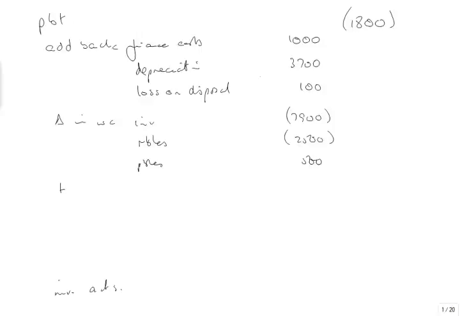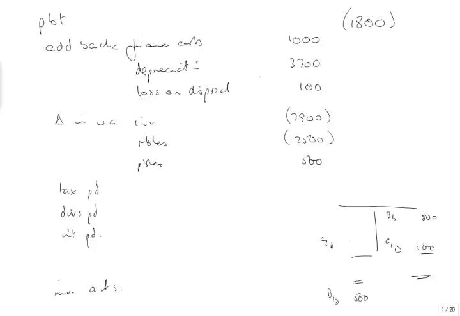Then we've got tax paid, divs paid, and interest paid. Tax paid, I'm going to need a separate working for tax paid. I had a refund due, so I had an asset brought down. That's an asset carried down, sorry. It's an asset carried down, 500. There it is, brought down, so that's why it's an asset at the end of this year. I've got deferred tax. I had a brought down figure of 8 and a carry down figure of 12.